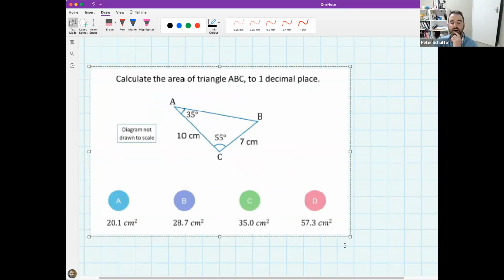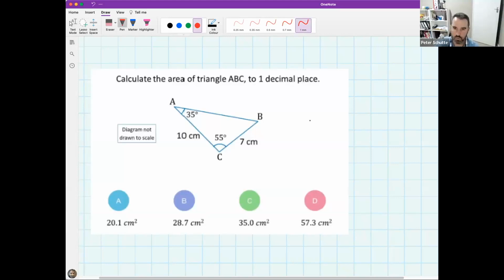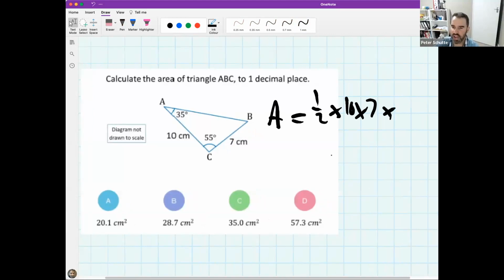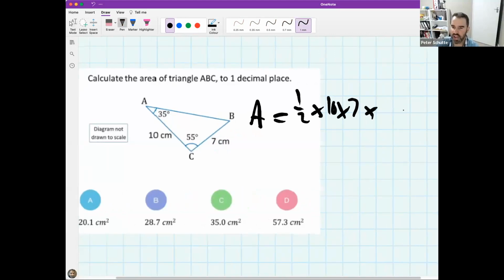Find me the area of this triangle. So remember that when we use the area rule, we need two sides that are next to each other, but we also need the angle in between those two sides. And so we should be getting something like that.